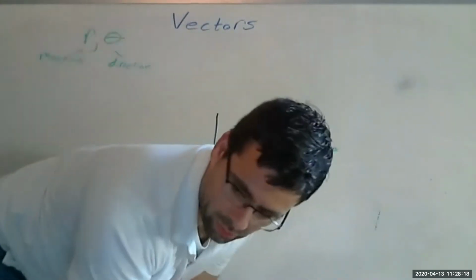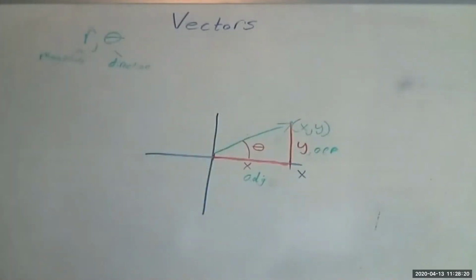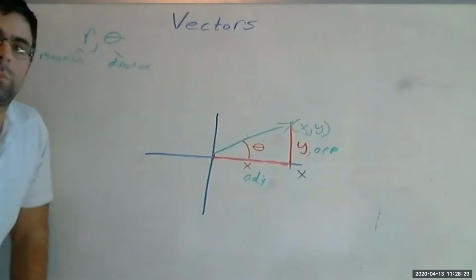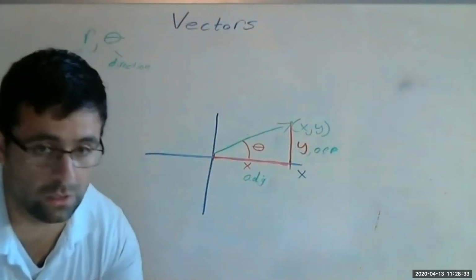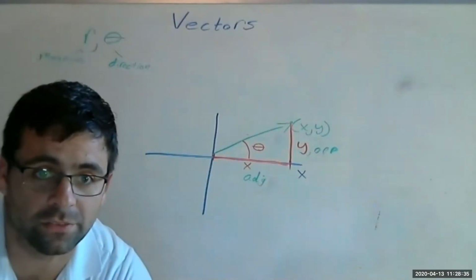So some of y'all may notice that r and theta are what are called polar coordinates. Let's see if I can get a picture.